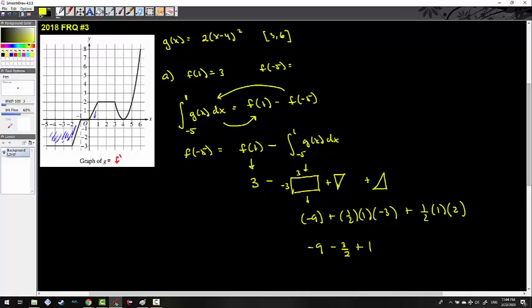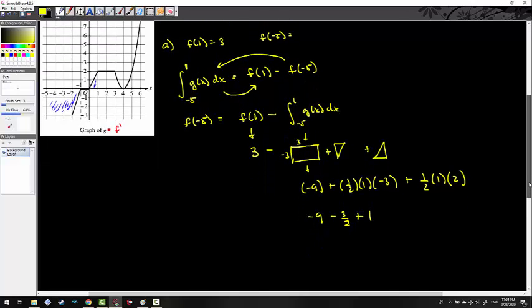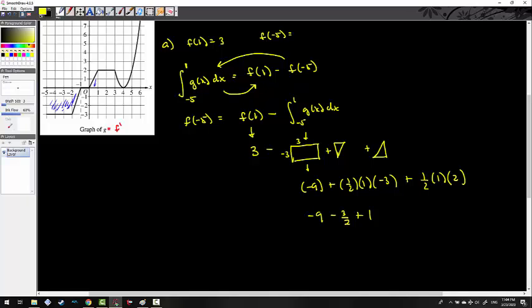And now from here, I'm going to combine these terms. So what I get here is -18 over 2 minus 3 over 2 plus 2 over 2. So that looks like it's going to be -21 plus 2, so -19 over 2.